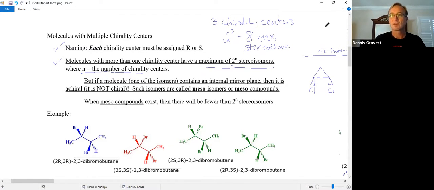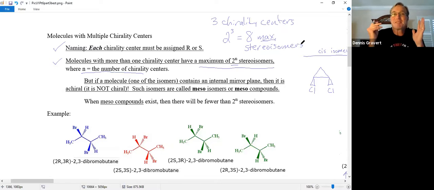Now it's maximum because there are cases where you have an internal plane of symmetry. So yeah, it can get a little more confusing.